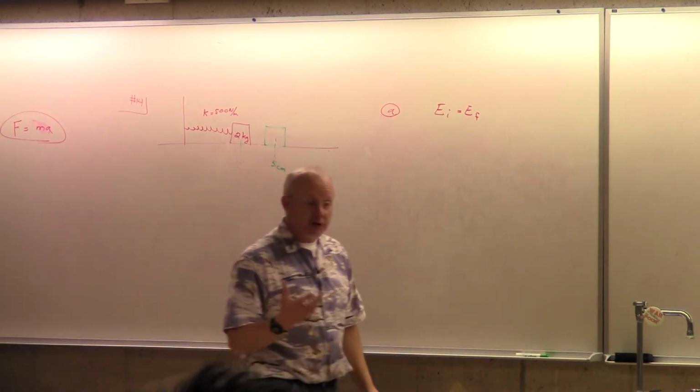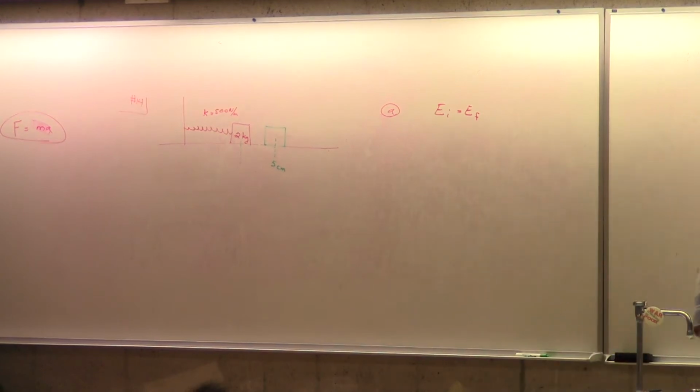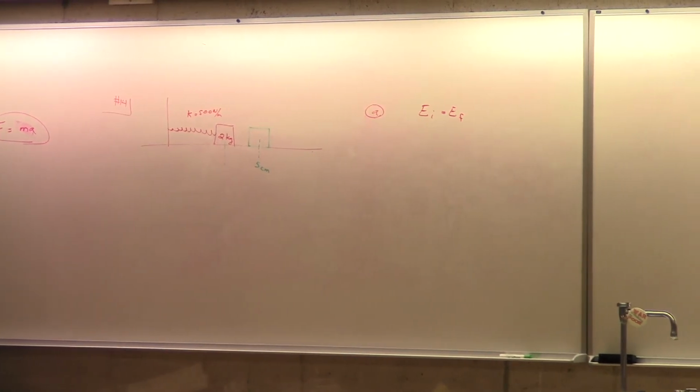And I must admit, especially for the beginning student, sometimes you have to ask yourself, what's the best way to solve this problem? Should I use forces and acceleration? Or should I use energy? Because can't both of those get you velocity?